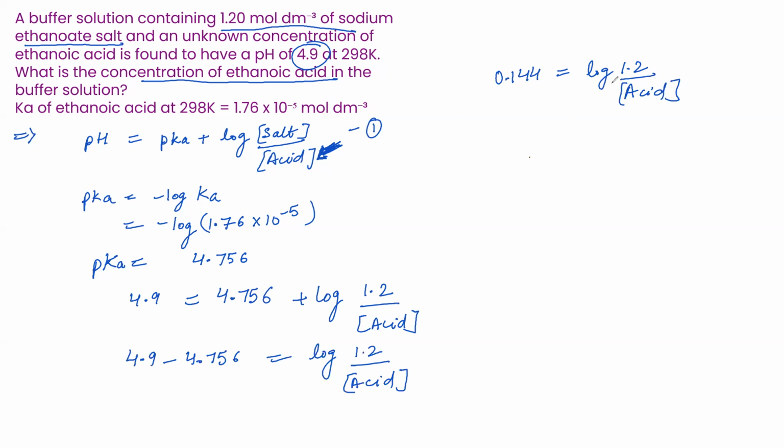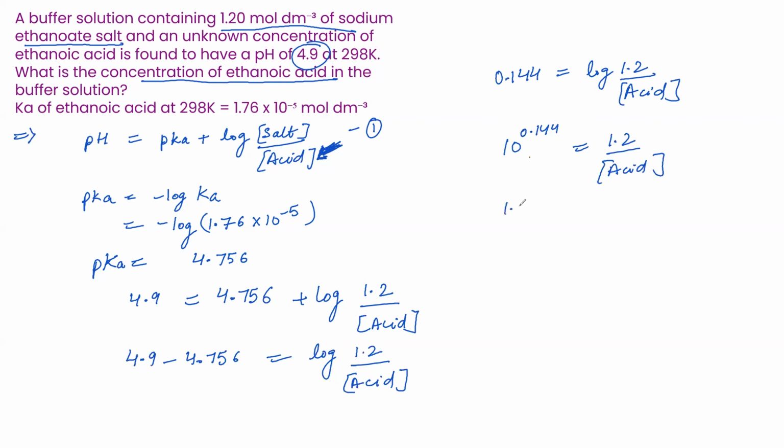Okay, so how to solve this? Initially also I told you, either take the anti-log on both sides. If you don't know how to take the anti-log, it is basically shift plus log. Or you can simply do 10 to the power 0.144 equals 1.2 divided by acid concentration. So you can solve it this way also.